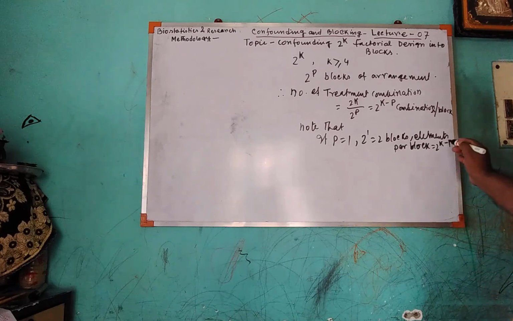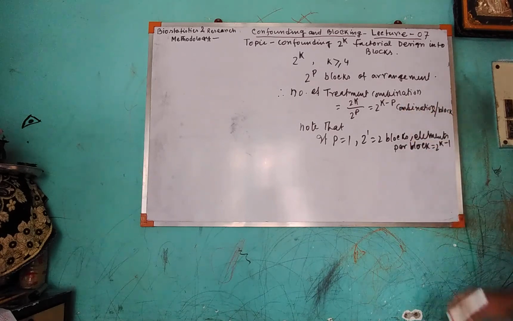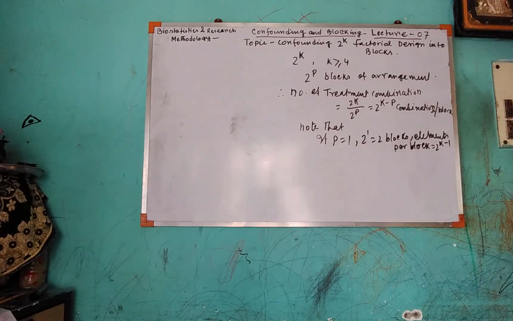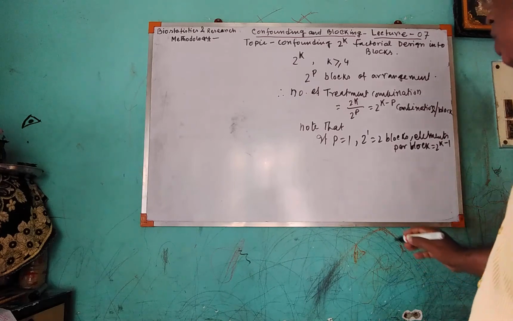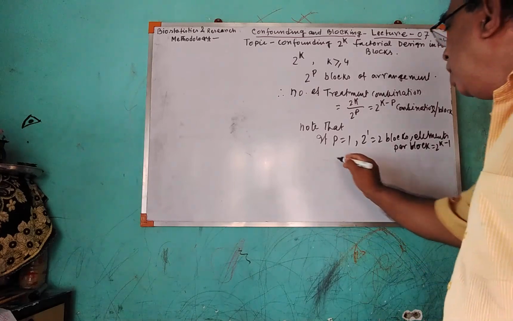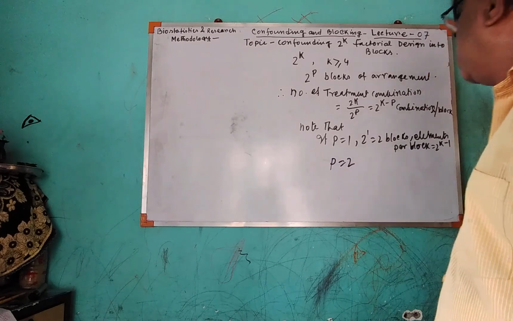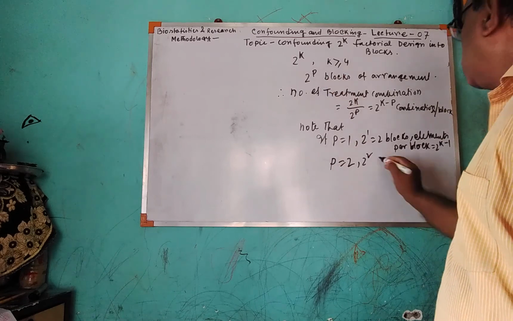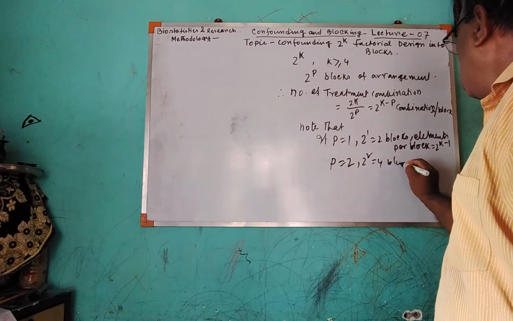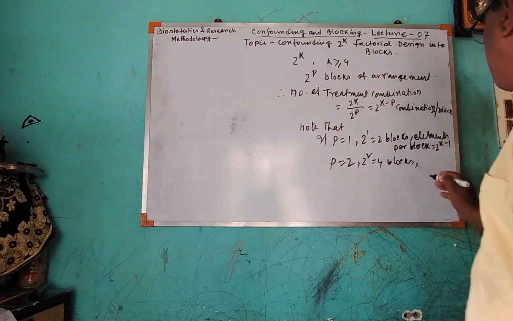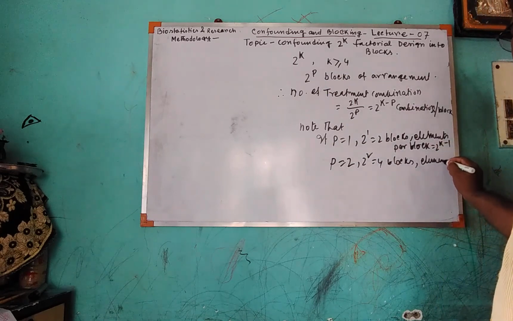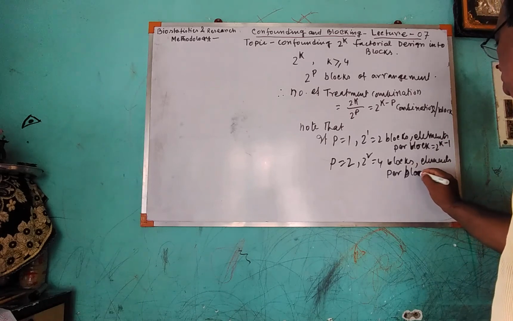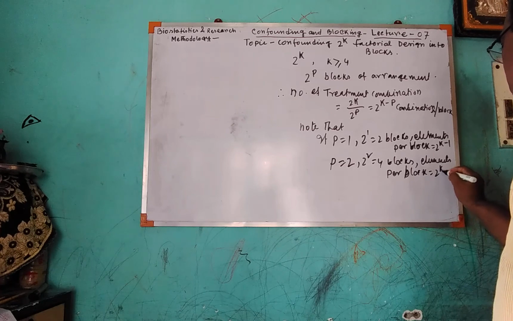If p value is 1, then one higher order treatment combination. Okay, that I'll tell later. If p equals 2, that means 2 to the power 2, that is 4 blocks, and elements per block equal to 2 to the power k minus 2.